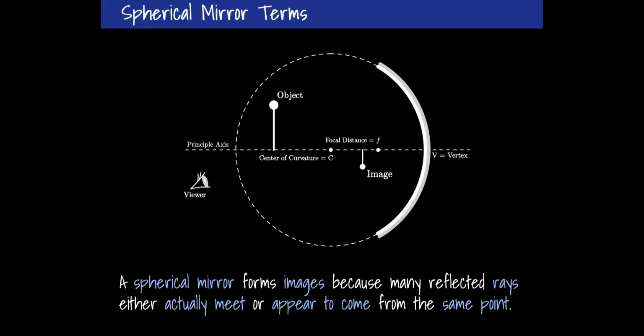So when my parallel ray of light comes into the mirror and reflects, it reflects according to the normal at that location. Every parallel ray, no matter how high or how low on this diagram, every parallel ray that reflects off the mirror reflects through the focus. That's the special feature of the focus. Light that goes into the mirror is reflected to the focus.